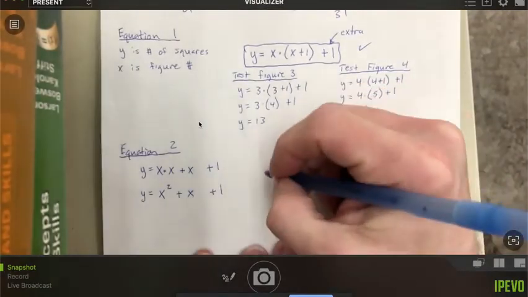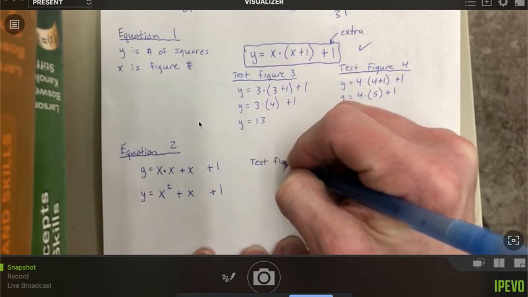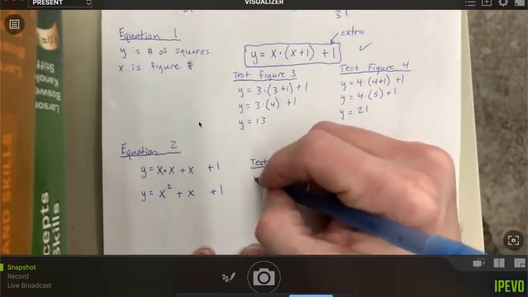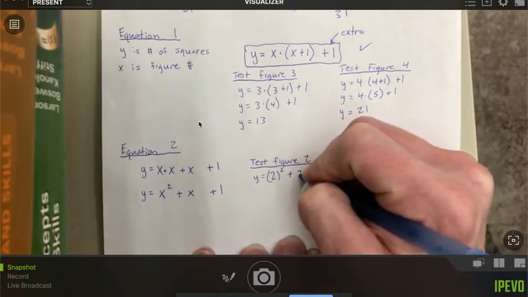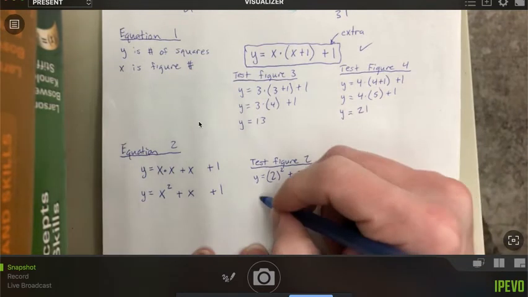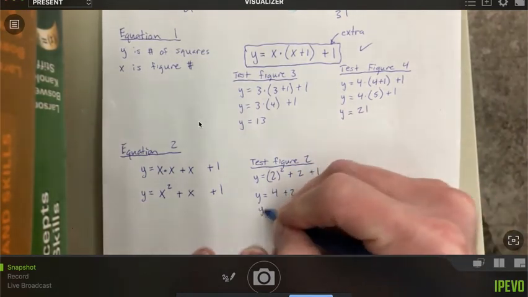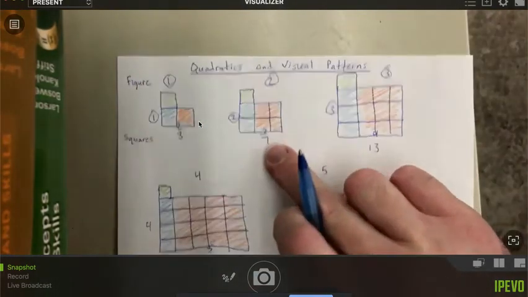So once again, we can test. Let's test figure 2. So that would be 2 squared plus 2 plus 1, which would be 4 plus 2 plus 1, which would be 7. And sure enough, figure 2 has 7 squares.